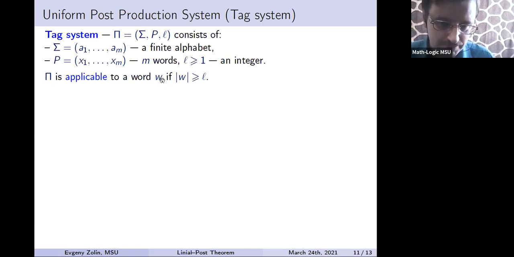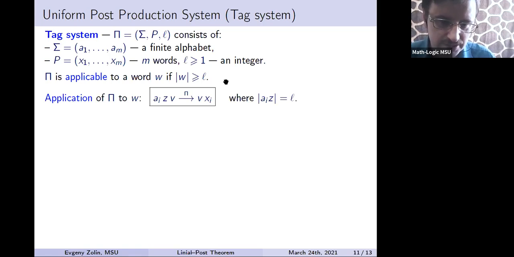So if it is applicable, if the length of W is at least L, then we apply pi to this word W as follows. W has the following form: some letter AI, then some word Z, then some word V, such that this prefix AI and Z has length exactly L.